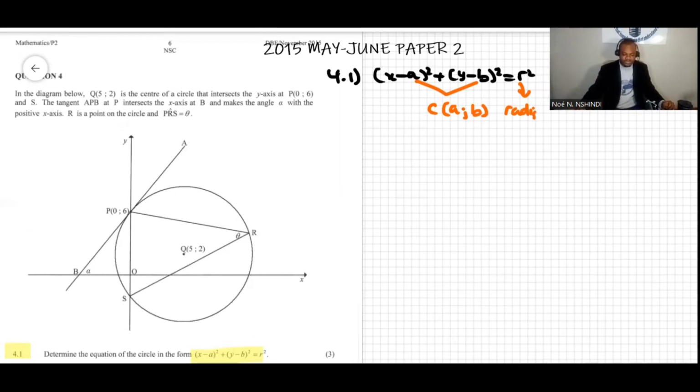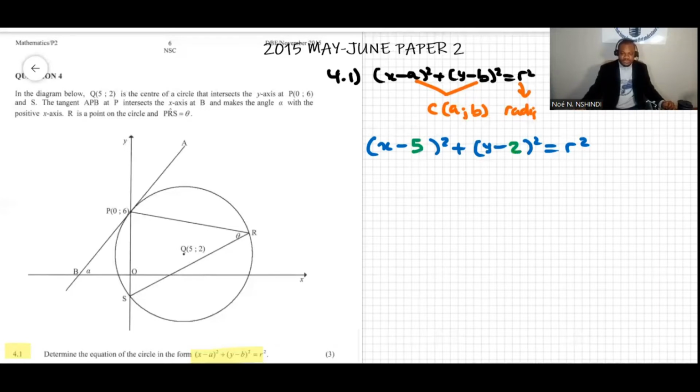So this will be (x minus a) plus (y minus b) to the power of 2 equals r squared. a is 5, the x coordinate, and b is 2, the y coordinate.